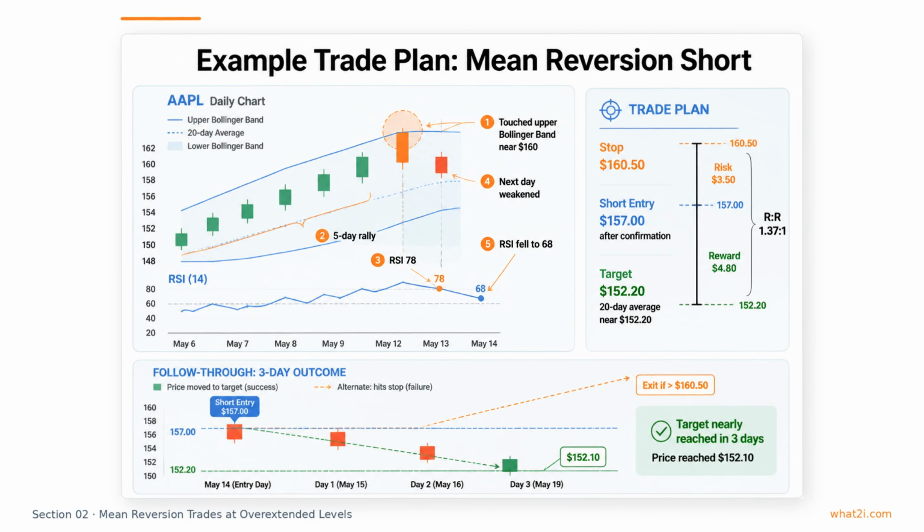A stop at 160.50 would sit above the recent high, and a target near the 20-day average around 152.20 gives the trade a clear destination. If price reaches that area within a few days, the mean reversion idea worked as intended. The point is that the trade is built from both stretch and confirmation, not from indicator readings alone.